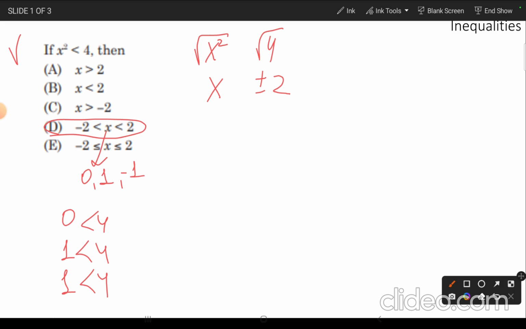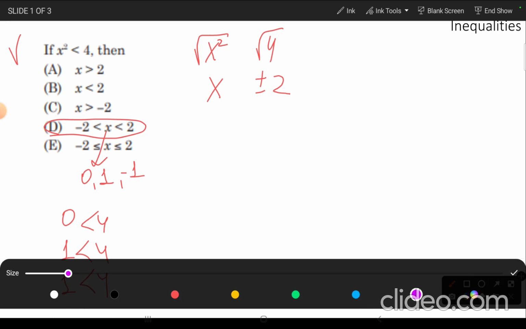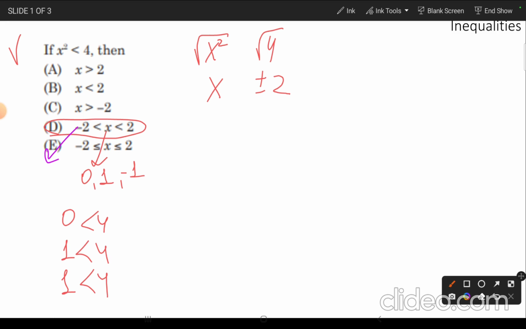But when we substitute some other number, let's say -3 and maybe 4, it will not satisfy because -3 squared is not less than 4. It is 9.